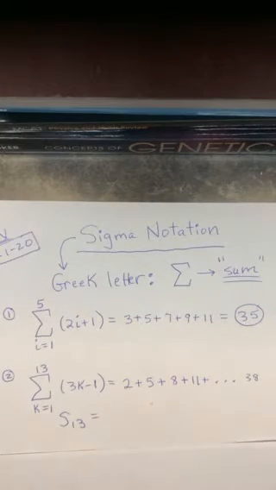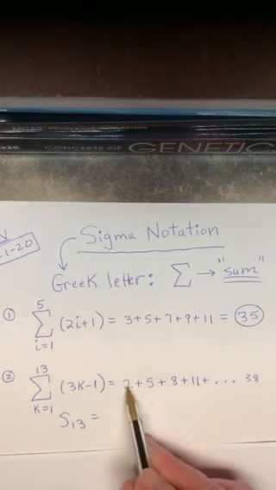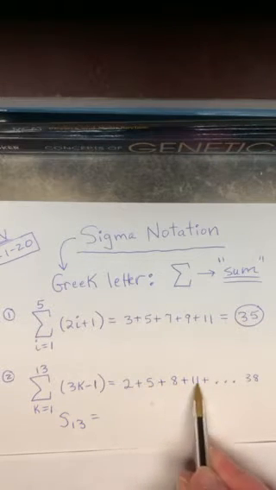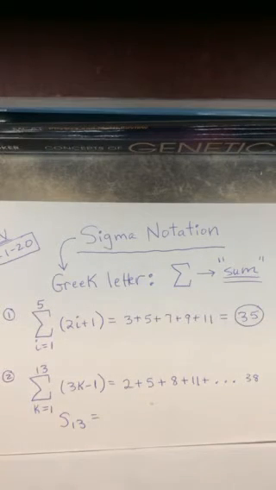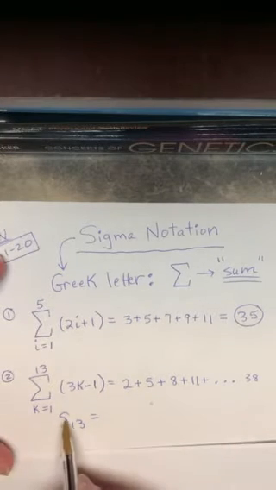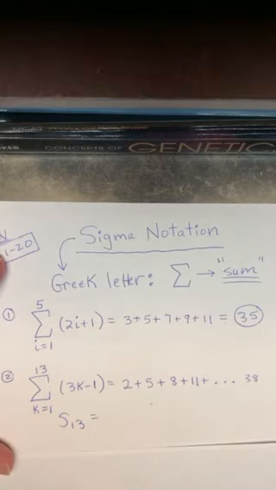And it's pretty obvious that this is a what? Talk to me. Describe it. Isn't this an arithmetic sequence whose common difference is 3, or in this case, an arithmetic series whose common difference is 3? Oh, so I want to find the sum of the first 13 numbers. I've got a formula for that, don't I?